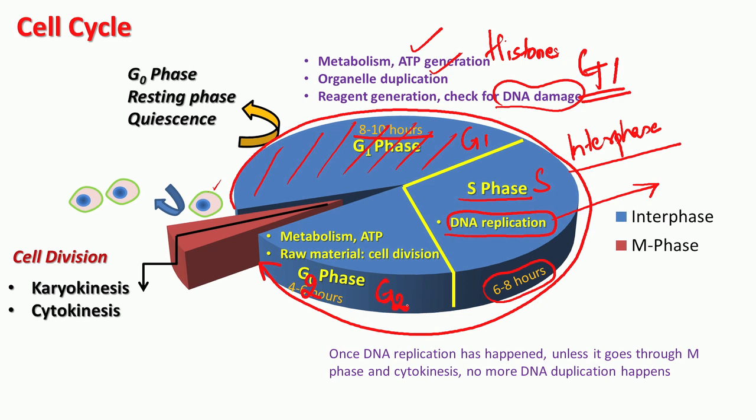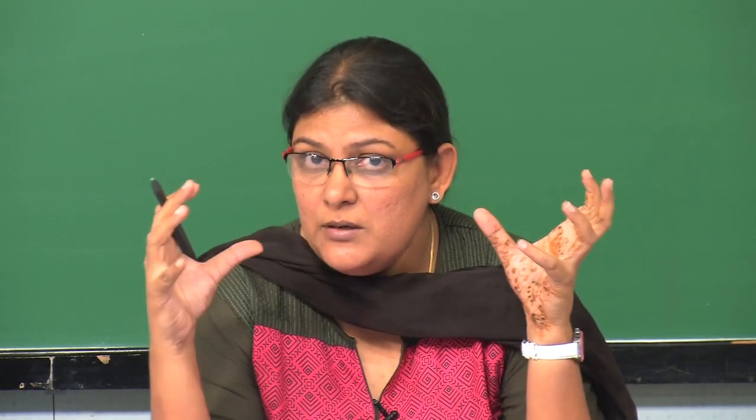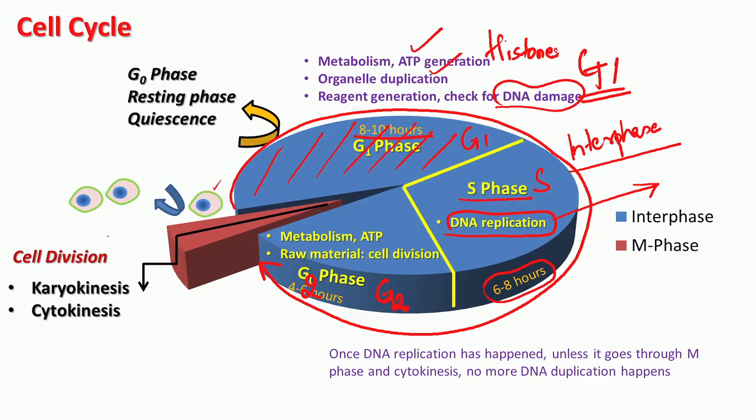Now, in the G2 phase, again remember, the cell has still not divided, it has only duplicated its DNA and it is ready to divide. But for it to divide, and for it to ensure that the chromosomes get properly distributed, right, it needs a whole lot of new machinery, which is the machinery required for mitosis.